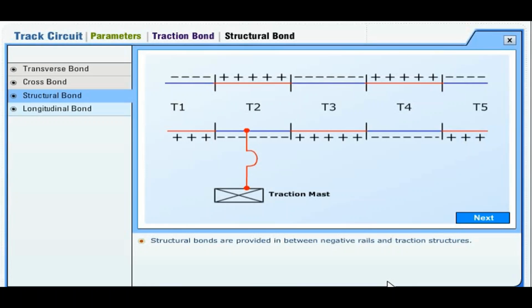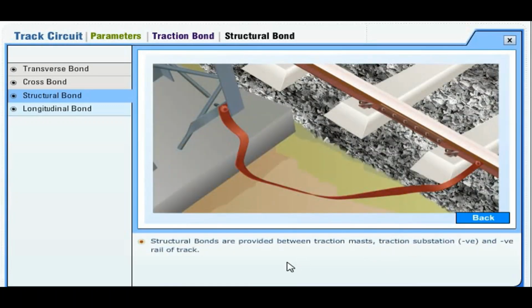Structural bond. Structural bonds are provided in between negative rails and fixed traction structures. Structural bonds are provided between traction mast, traction substation negative, and negative rail of track.